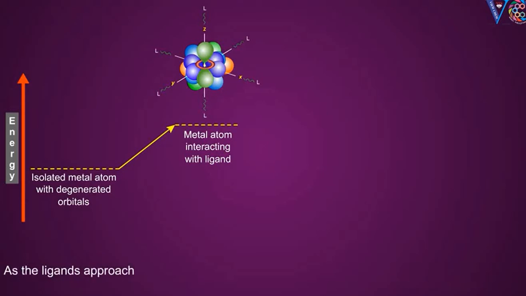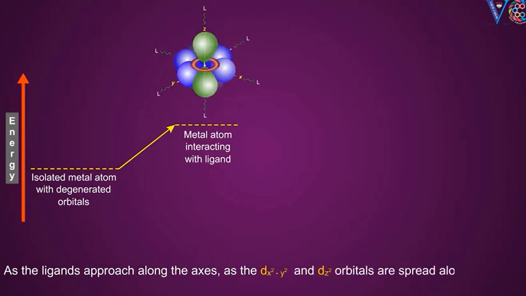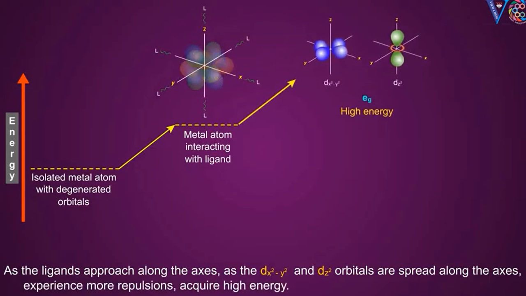As the ligands approach along the axes, the dx square minus y square and dz square orbitals, which are spread along the axes, experience more repulsion and acquire high energy. These orbitals are called eg orbitals.